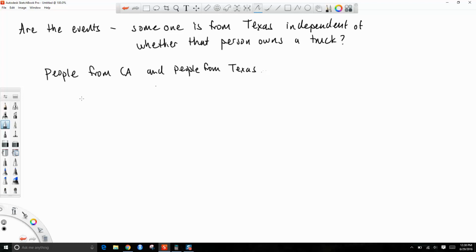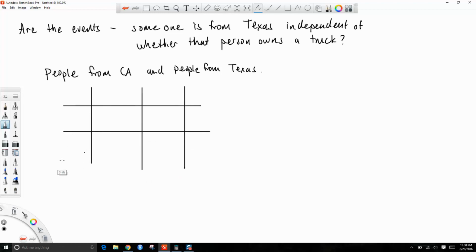Okay, so we'll build a table here. What's the population of California? We'll say 37 million. What's the population of Texas?